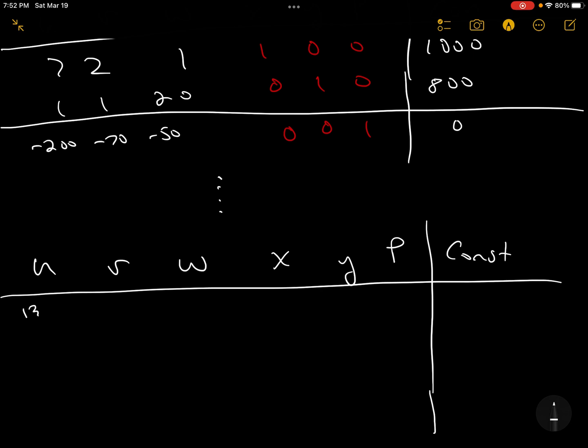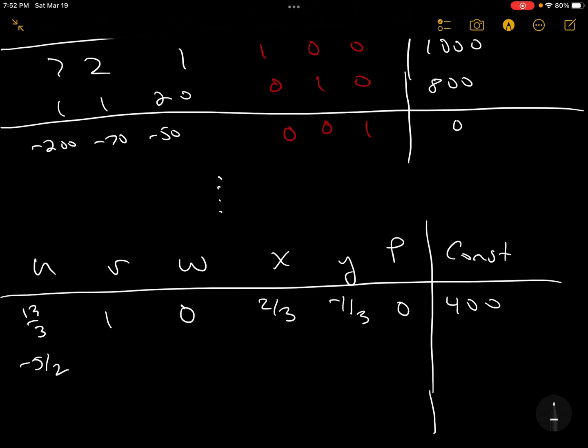And the final is 13 thirds, 1, 0, 2 thirds, minus a third, 0, 400.